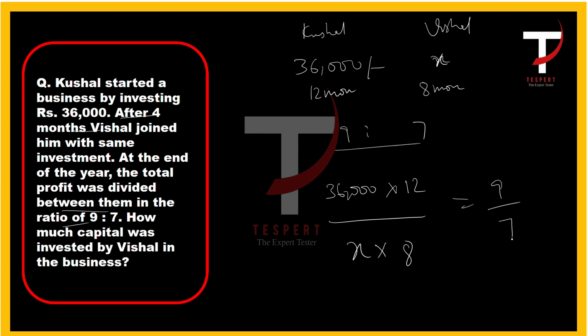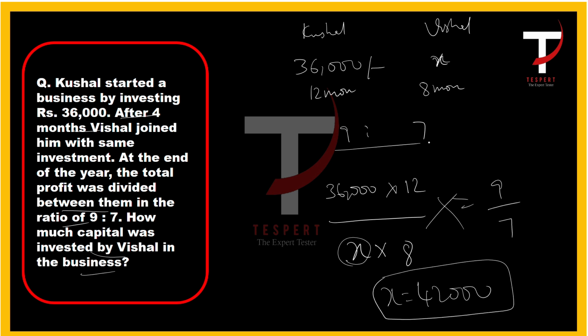So we must calculate the value of X, that is the investment of Vishal. If you cross multiply, the value of X that you get is 42,000, right? So Vishal is investing 42,000 for 8 months, whereas Kushal invested 36,000 for 12 months.